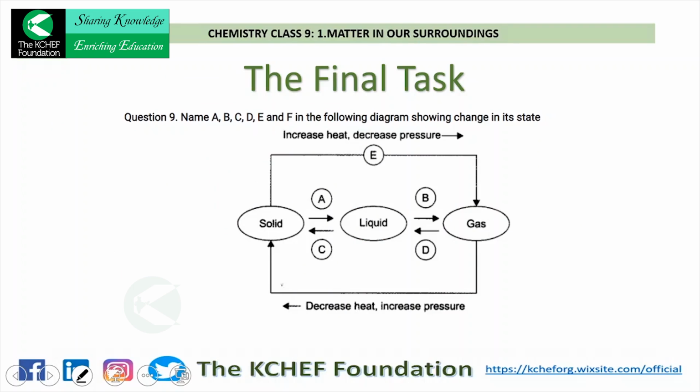We have dealt with a similar question in part 3 of the video. If you have any doubts, then go and see part 3 of the video and come back and answer it again. Here is one more revision point: when you increase the temperature, solid changes to gas. Increase heat and decrease pressure; temperature and pressure are vice versa when related in terms of change of state of matter.